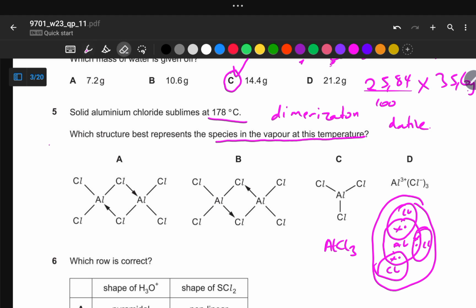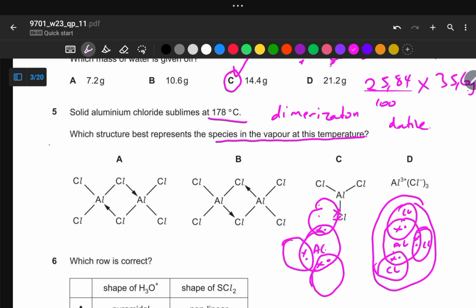So we have another aluminium chloride here. Let me make the circle bigger. This is aluminium, and this is the chlorine, and this the chlorine. So we have another electron here, the bonding, right?